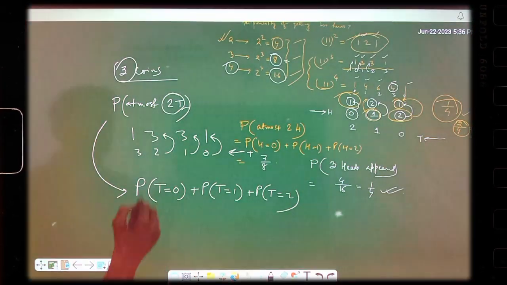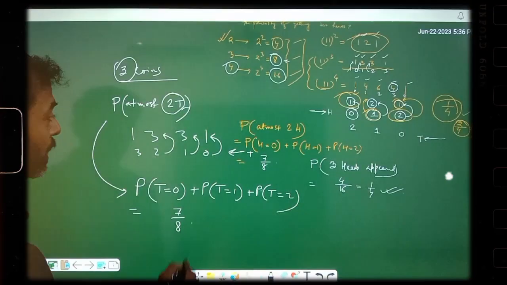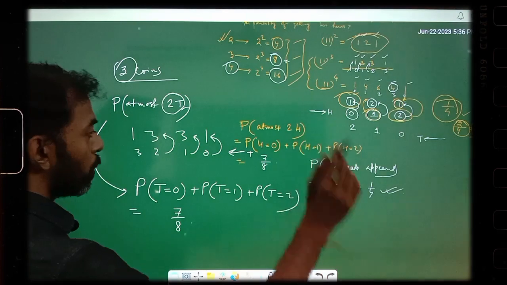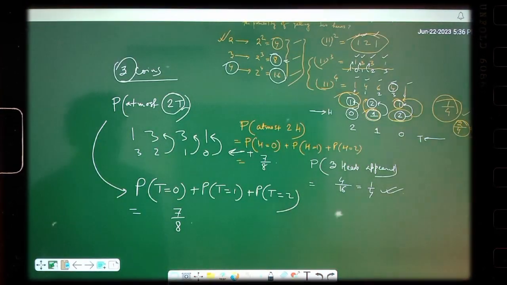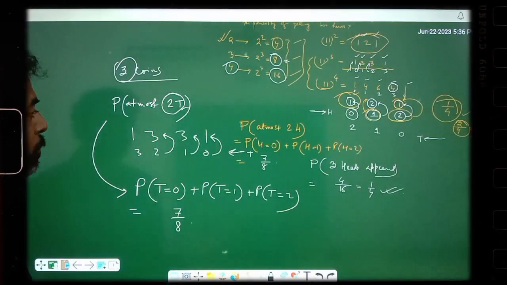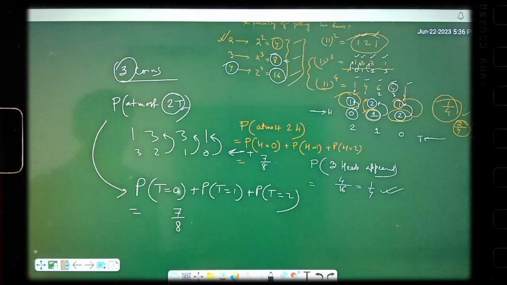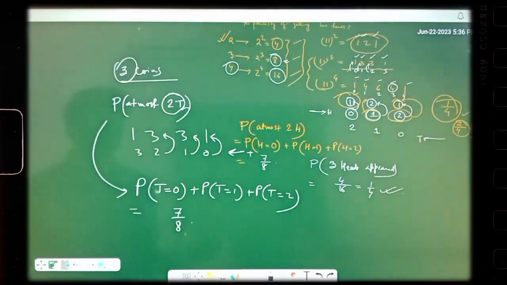So total cases 3 plus 3 plus 1, that is 7. So the total probability will be 7 divided by 8. That's it. Problem solved. It will take just 5 to 10 seconds to calculate this type of problem. That is our coin related problem.